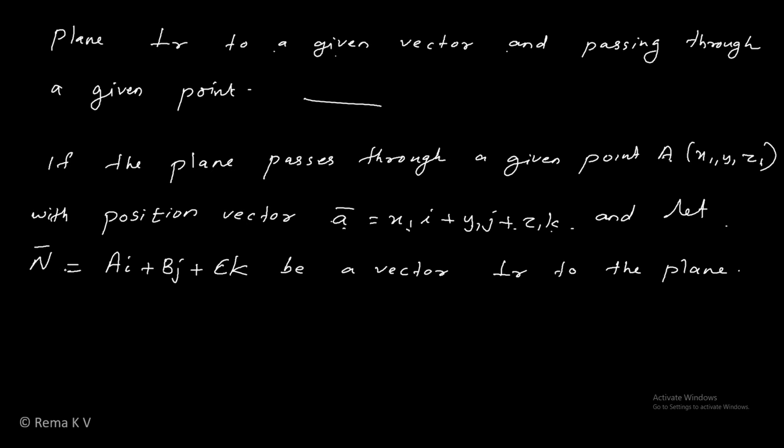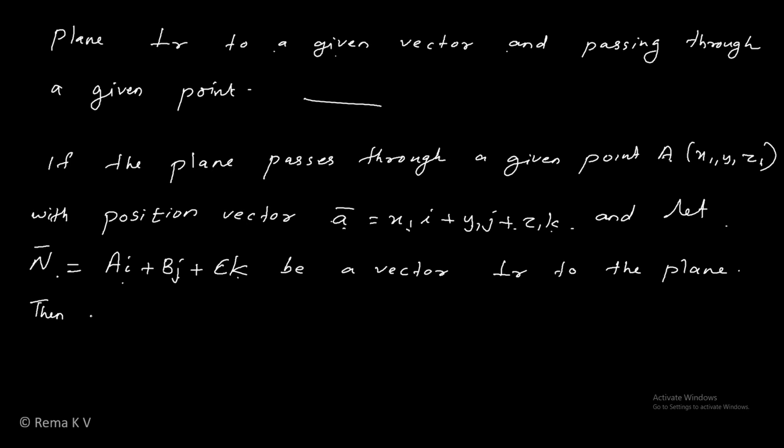It is a unit normal vector from the origin. That is the difference. Here it is not from the origin. Any vector perpendicular to the plane we are using here. So n equals ai plus bj plus ck. This is a normal vector, that is a perpendicular vector to the plane.